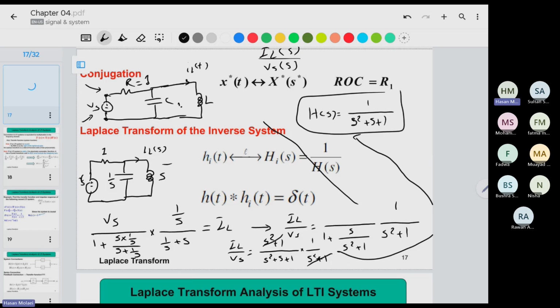You need to find it in time. If I apply u(t), how would the output be in the time domain? Right now, we consider this as a system. Vs is the input, IL is the output. If you consider Vs as u(t), its Laplace transform is 1 over s. How would the output IL be?